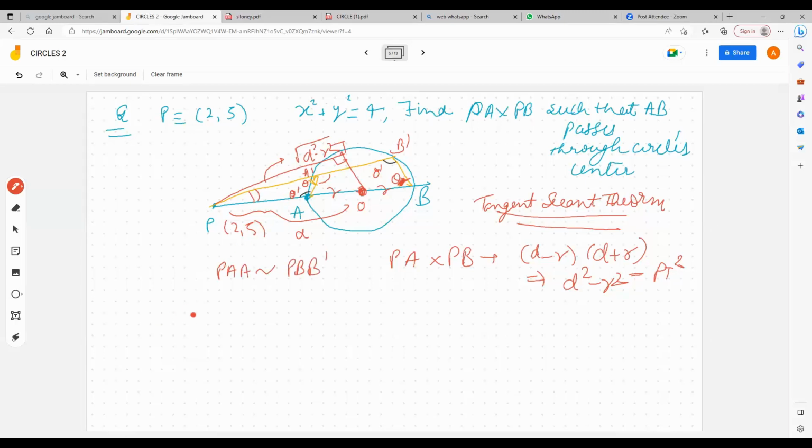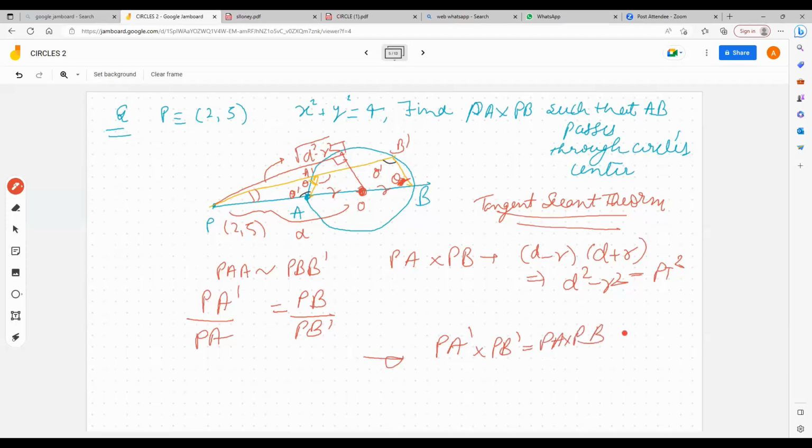Now the side that is in front of theta prime is PA prime, and the same thing here, it is PB, and the side which is in front of theta is PA, and the side in front of theta is PB prime. So we get that PA prime into PB prime equals PA into PB.